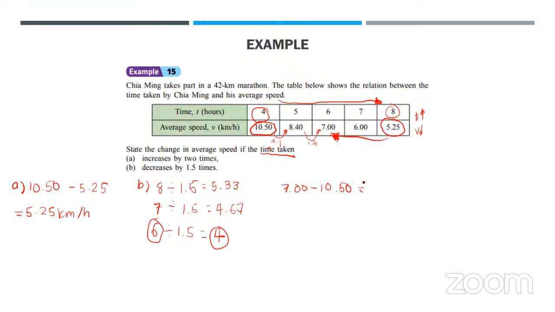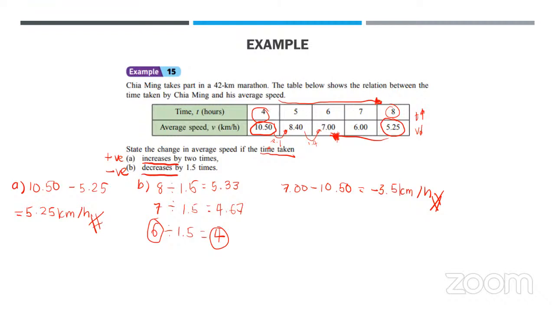And when you put that in a calculator, you will get negative 3.5 kilometers per hour. Okay, so those are the answers for A and B. It's imperative that you take note that increase usually means a positive and decrease usually means negative. Feel free to take note of that.